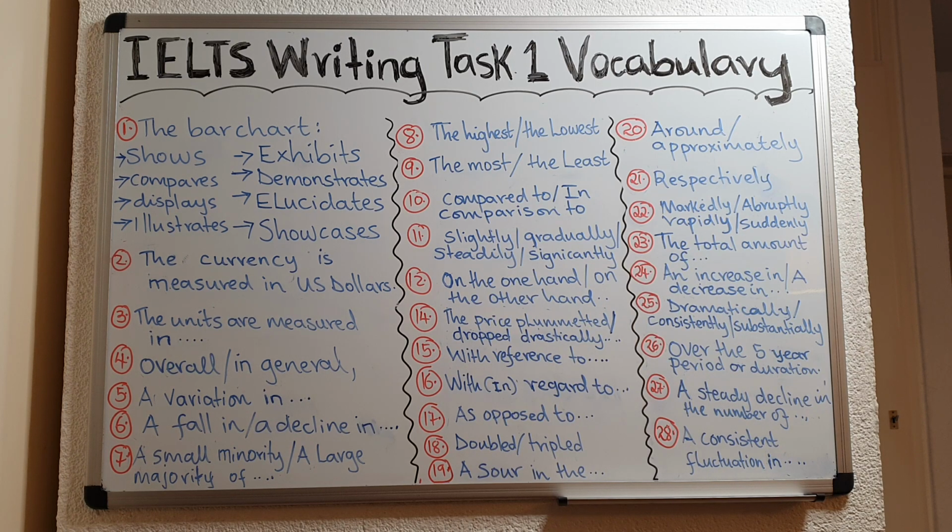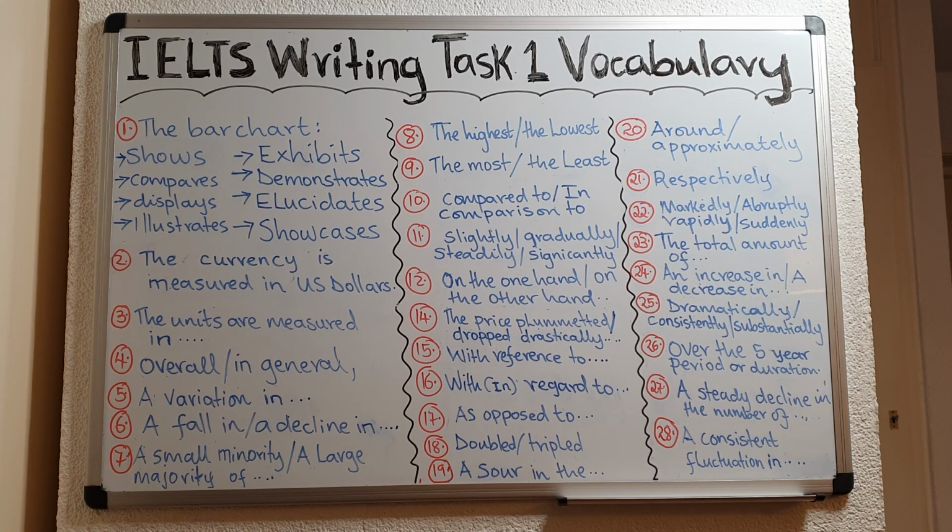So if it has nothing to do with money, then use the third expression. The units are measured in, and usually when you look at the diagram horizontally and vertically, you will find the information, especially horizontally, from top to bottom, you will find what the units are.